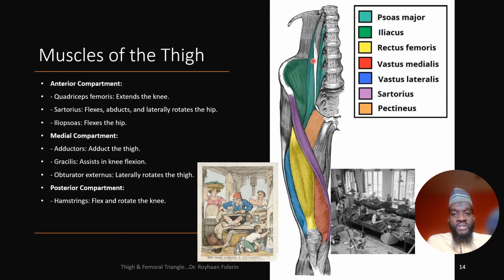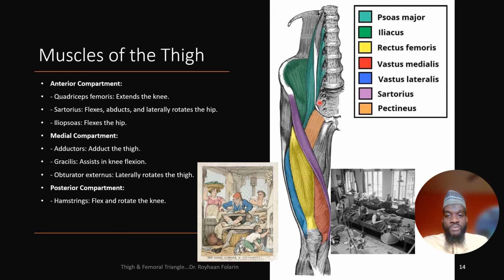So we have seen the iliacus, the psoas major, the sartorius, and then you have the rectus femoris, which is one of the quadriceps muscles. And then here with the color coding, you appreciate the vastus medialis, the medial vastus muscle, and the vastus lateralis, the lateral vastus muscle. Naturally, you won't be seeing the vastus intermedius here because it's covered by the rectus femoris.